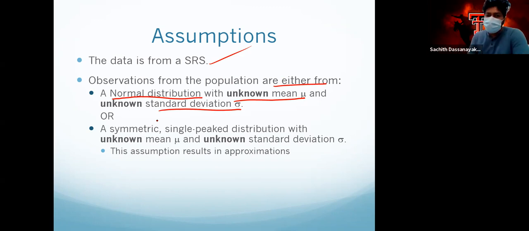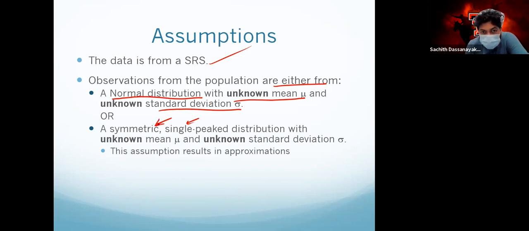Oh, there is another case. What happens if we don't know what the population is, but we know that the population is symmetric and single peak? Actually, you don't have to learn those things. What happens if the population is not symmetric or it has more than one peak? We have different techniques to do that. It is a little bit complicated, but right now, don't worry about these two.